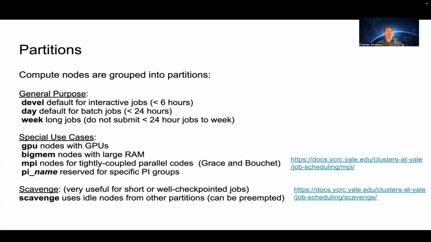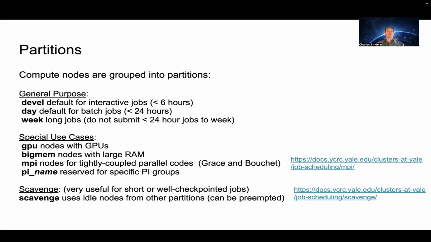And then there are MPI partitions, which are specially connected to each other to allow parallel codes to run more rapidly under the circumstances which MPI software uses. Also, there are partitions that belong to specific groups, and these are named PI underscore and then the name of the group. Those are purchased by those groups for use especially for them.